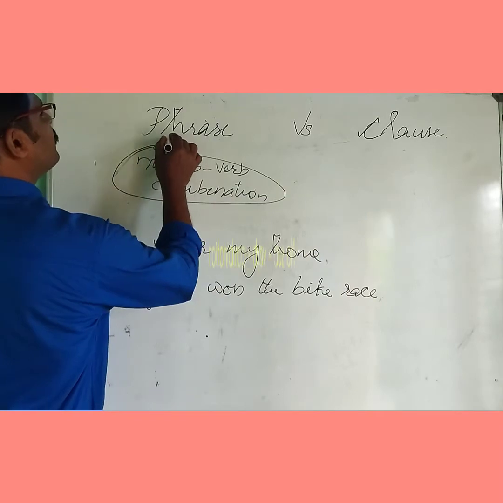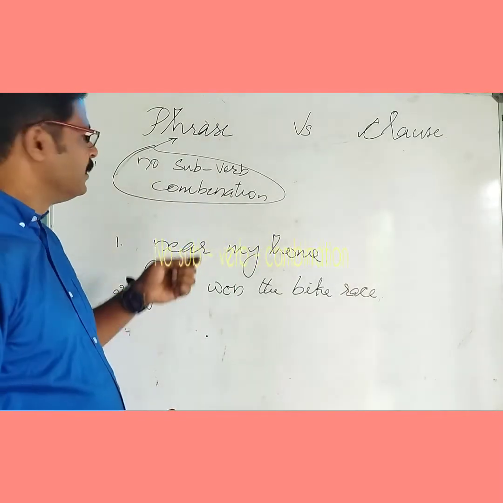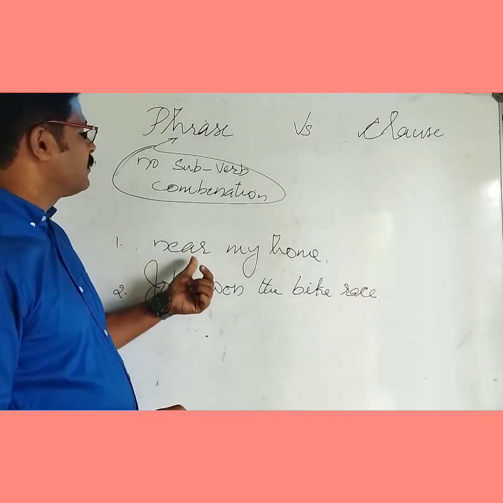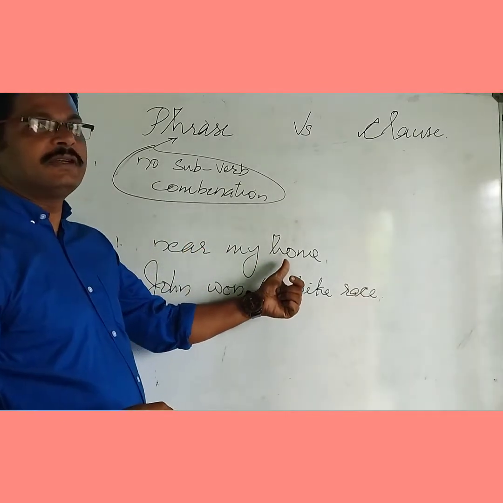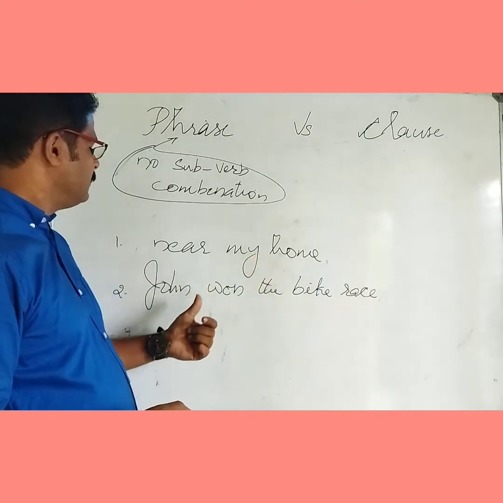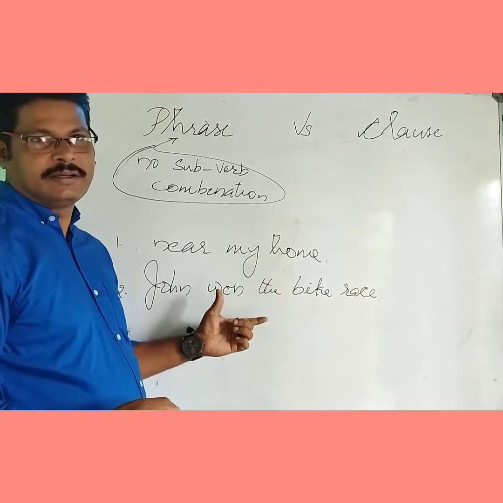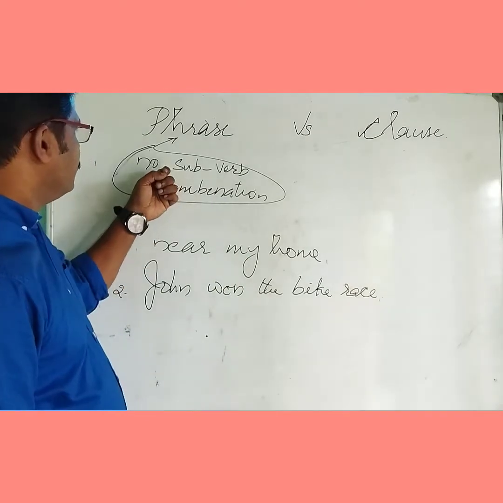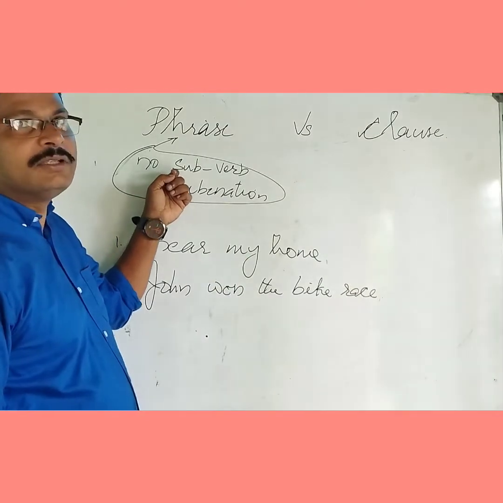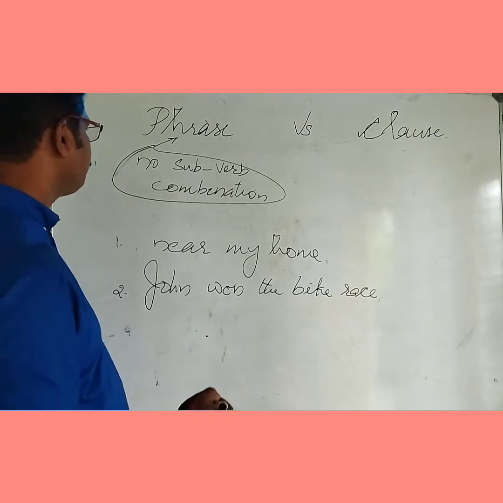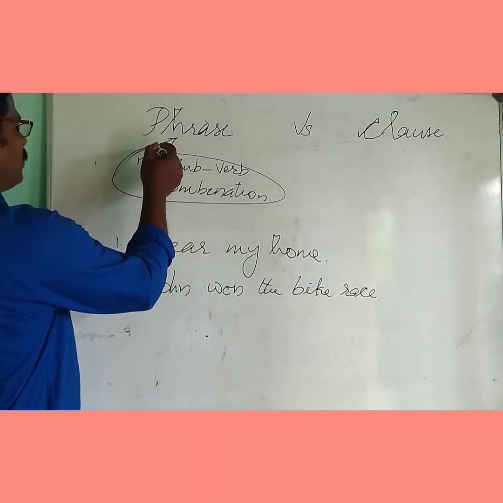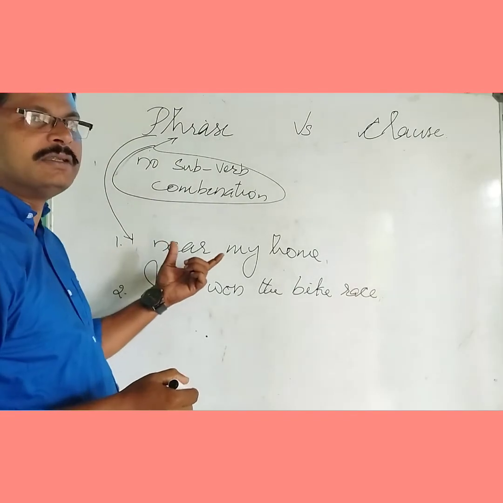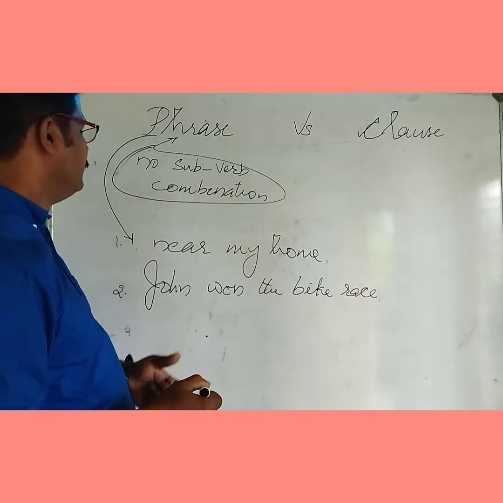They are similar in that they are groups of words which have meaning. Near my home and John won the bike race are groups of words, and they are meaningful. But a phrase has no subject-verb combination. So when we say near my home, that is a phrase. It doesn't have a subject and verb in it.